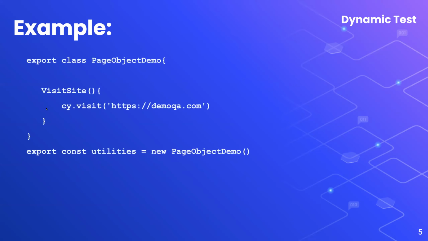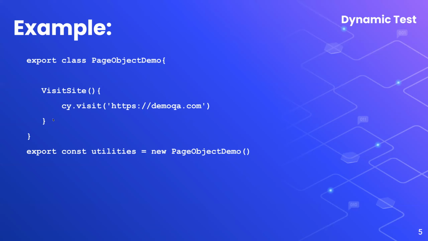So basically, we need to create a new class file. For this example, I gave the name page object demo. What it basically does is say go visit https demoqa.com. But inside this, we created a function whose name is visit site.